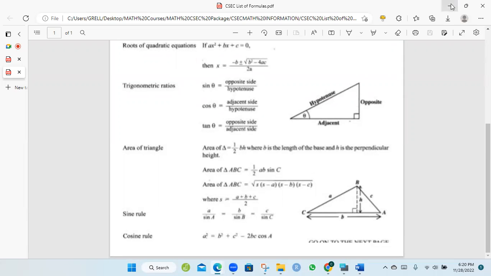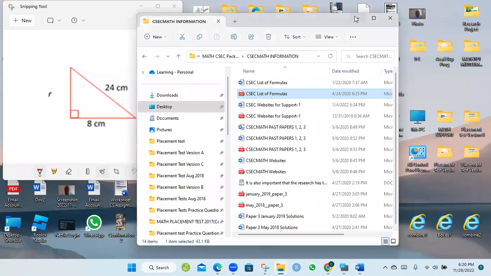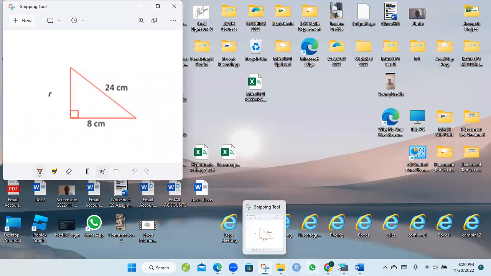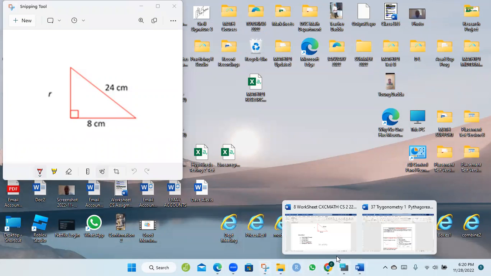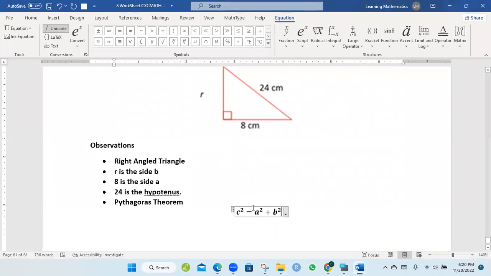So the Pythagoras theorem is not there in the list. This is a formula that you must memorize: the Pythagorean theorem, C squared is equal to A squared plus B squared, where C is the hypotenuse.